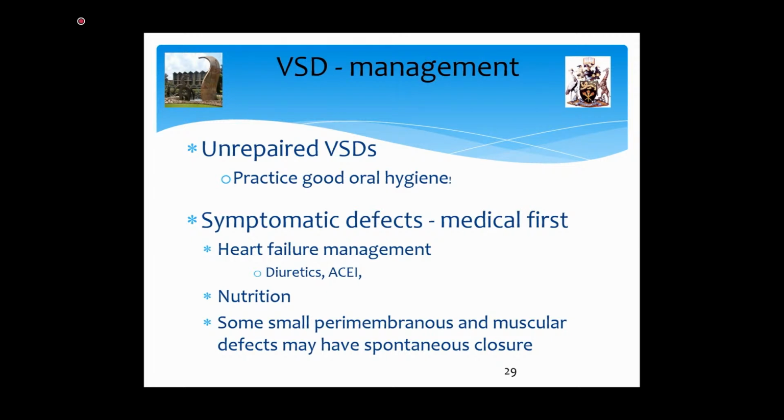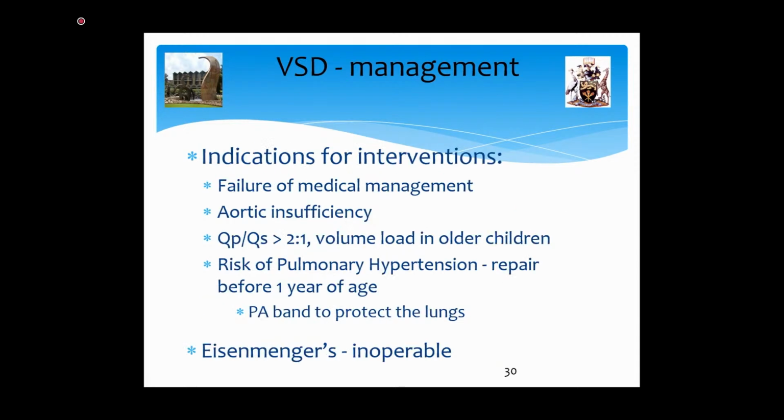Practice good oral hygiene, and sometimes small perimembranous and muscular defects may spontaneously close. If they don't close or there are other problems, for example, failure of medical management, aortic valve insufficiency or regurgitation, increased volume load into the pulmonary system, or risk of pulmonary hypertension, we advise that you repair early.